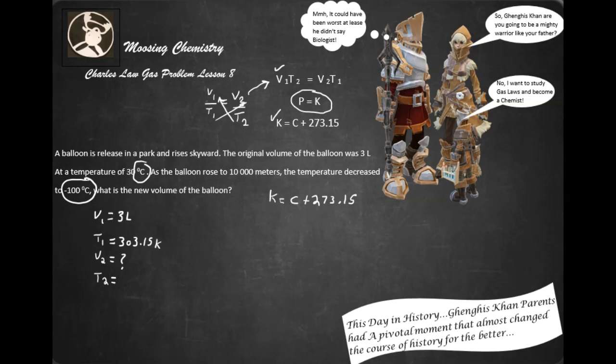And let's go back and get our pen again. There we go. This time we're going to say K equals negative 100 Celsius plus 273.15. So that means K is 173.15 K. And this K is actually going to be our T2 temperature, right? So our T2 temperature is 173.15.